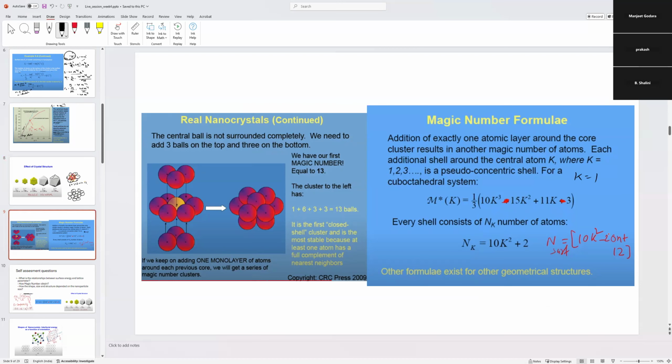So for k equals 1, the total number of atoms becomes 1 by 3, 10 into 1 squared minus 15 into 1 squared plus 11 into 1 minus 3.